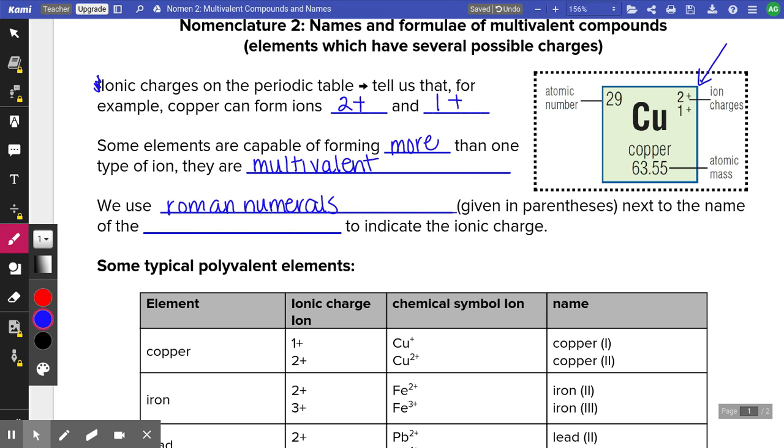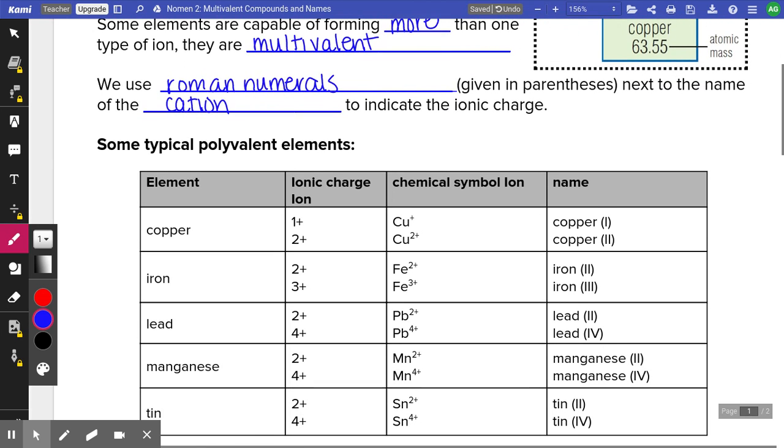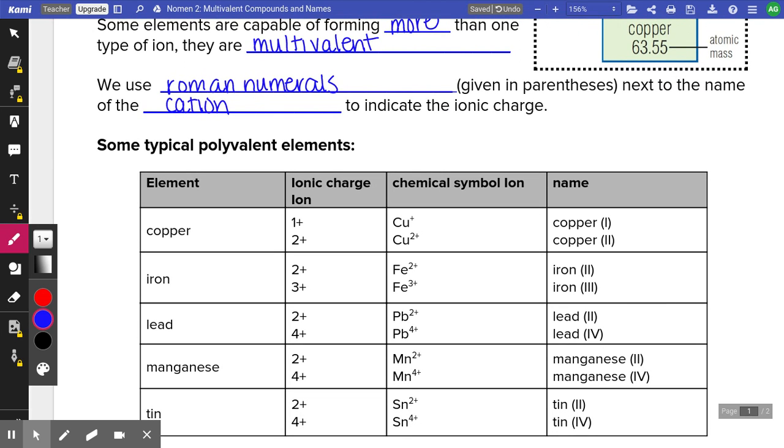So we use Roman numerals given in parentheses next to the name of the cation, that is the multivalent ion, to indicate the ionic charge. Most of our multivalent compounds that we're going to talk about, actually all of them, are metals, which means that they're all cations, and they're going to have these Roman numerals in parentheses beside them that tell us what the charge of that particular ion is.